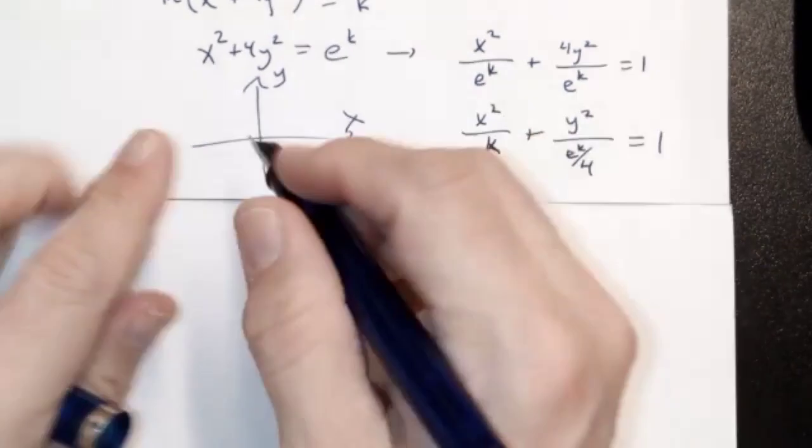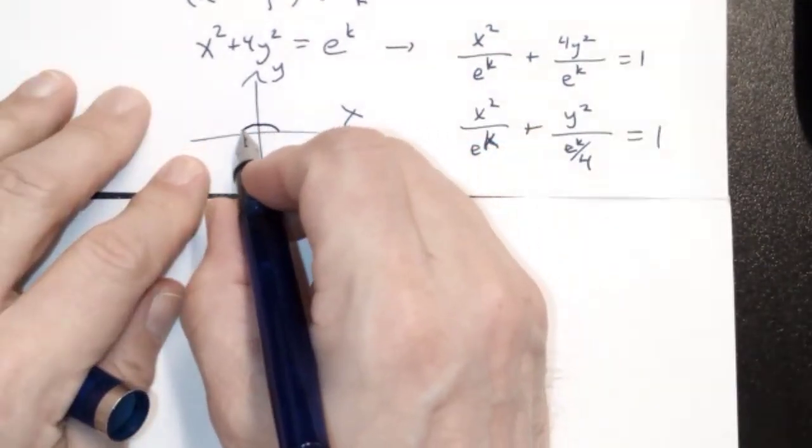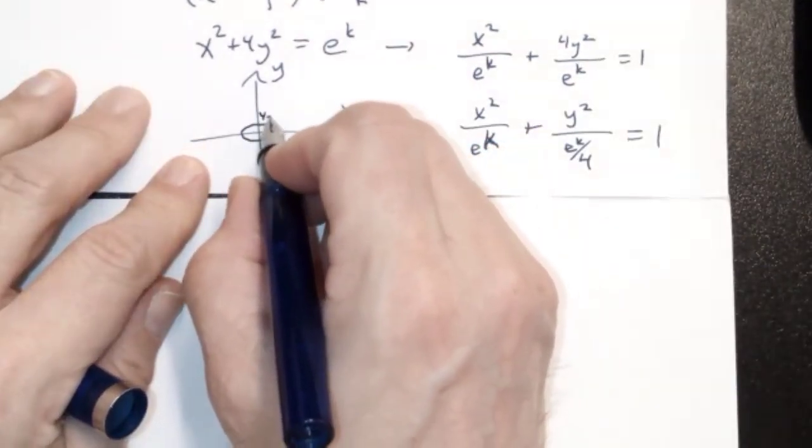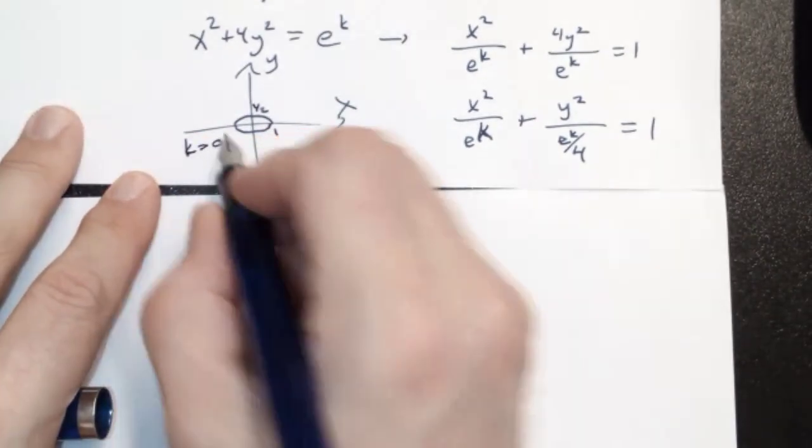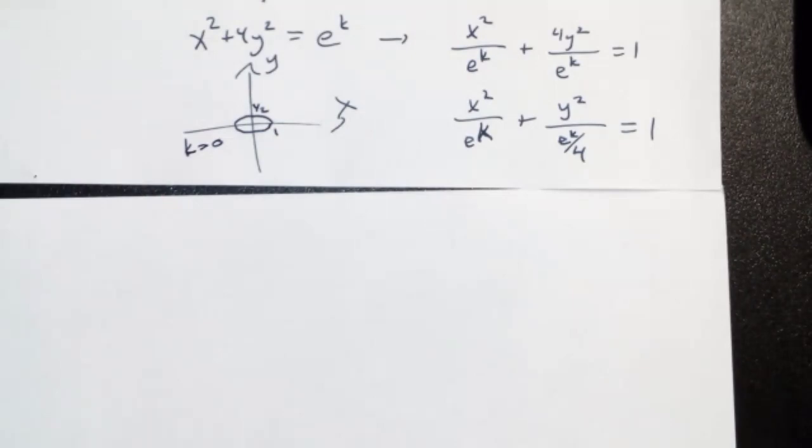So when k equals 0, we got an ellipse that looked like this. And I would label that k equals 0. And then I just make more of them.